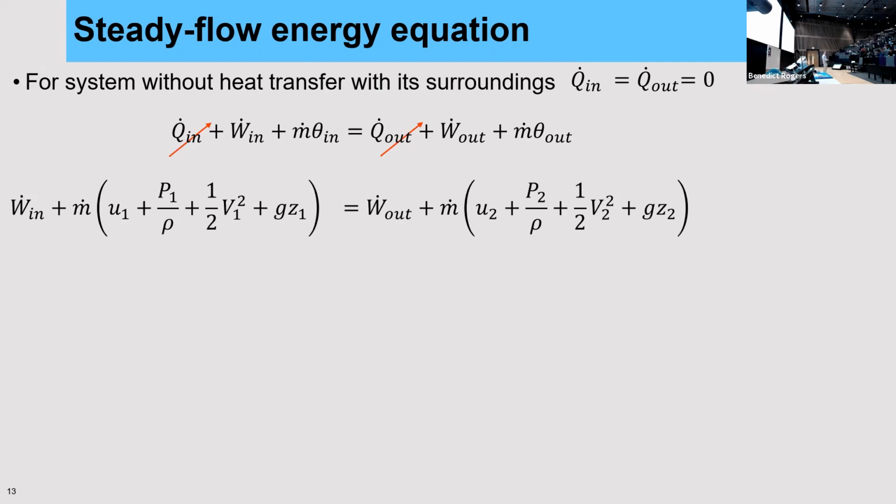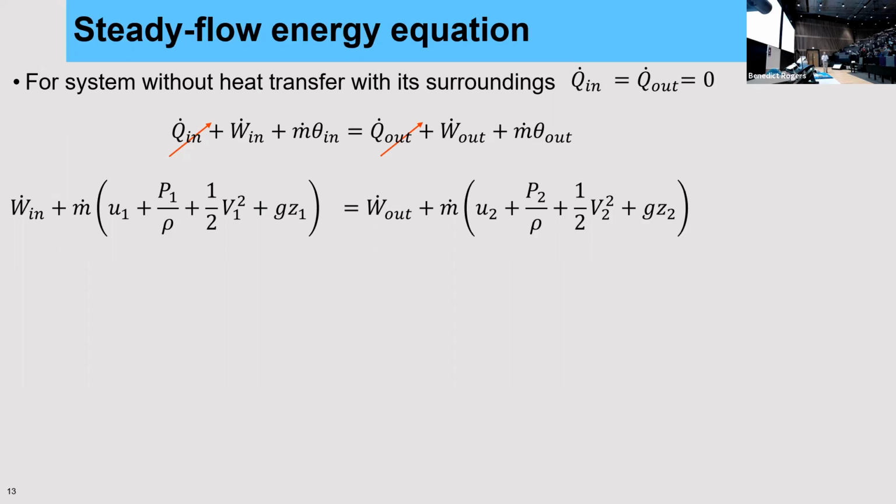Now if we substitute in our expression for theta that we derived, which we said was the internal energy plus the mechanical energy, here you can see on the left-hand side we've got W in dot plus m dot into the internal energy U plus the mechanical energy, and we've got the same on the right-hand side.